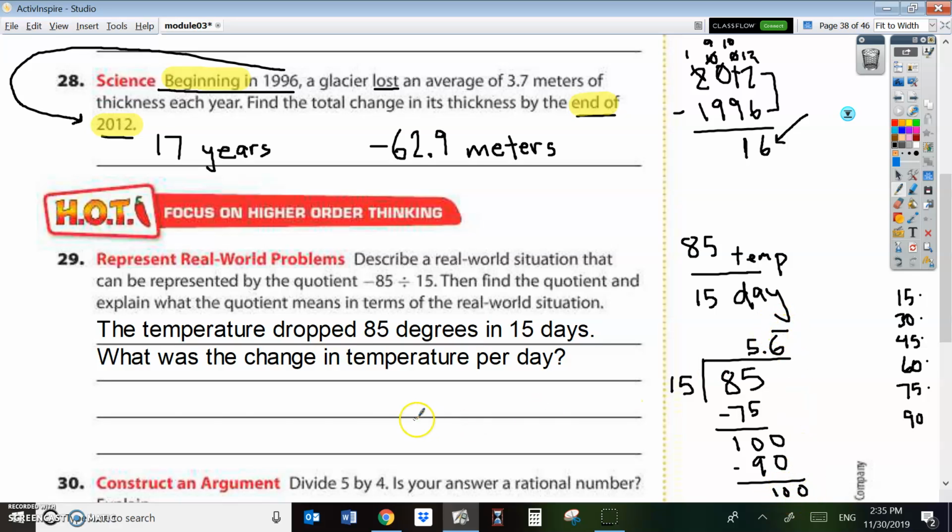It's going to repeat. So the change in temperature per day was negative 5.6 repeating degrees per day.